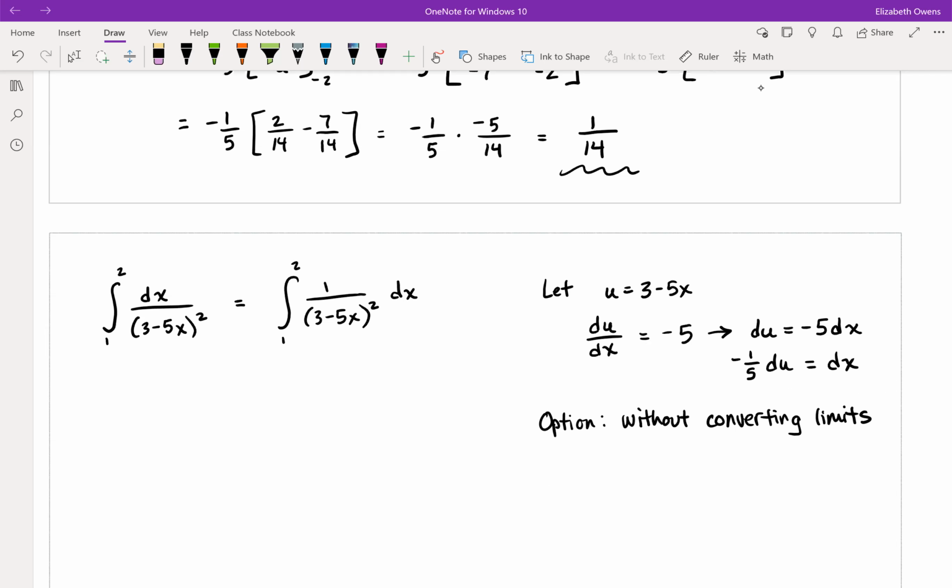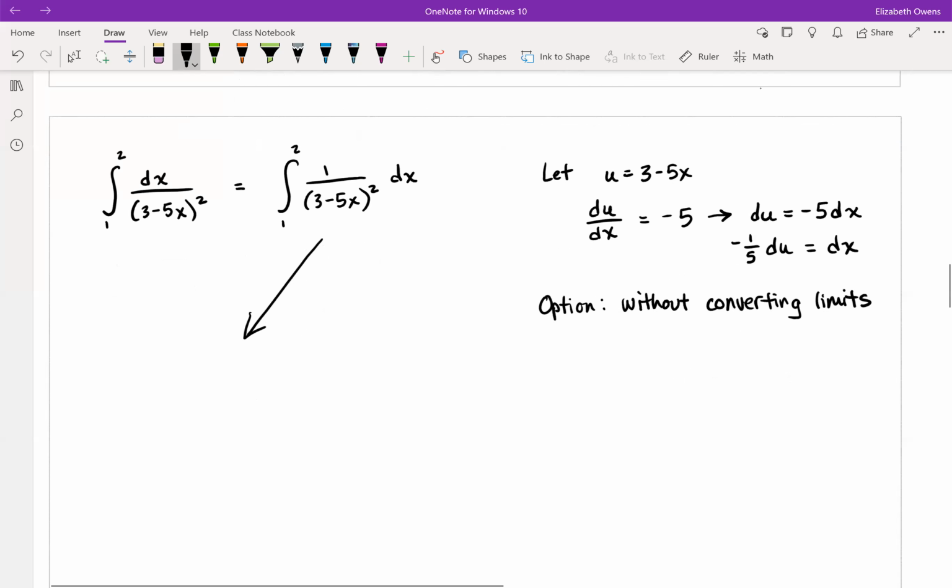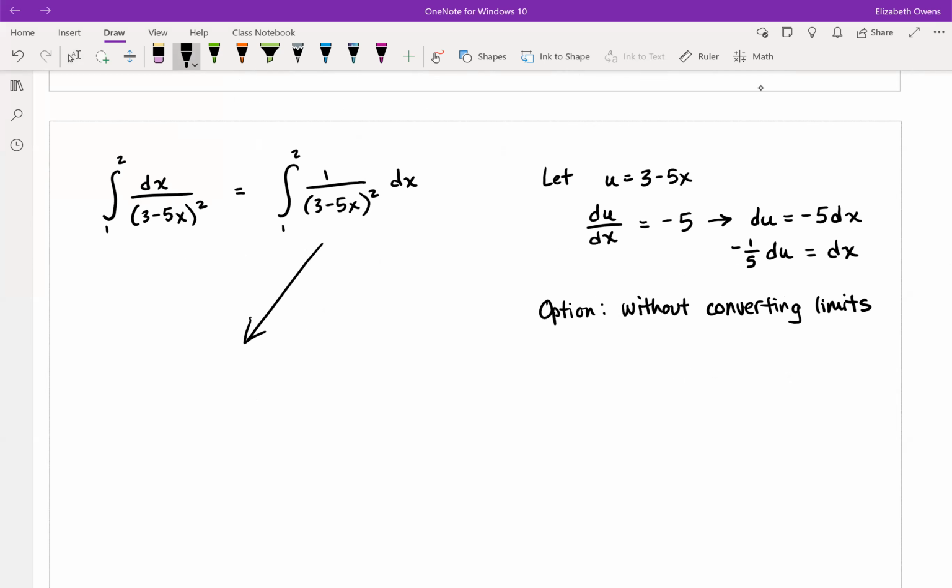I'll see that you're not converting the limits. So we're going to convert this integral into terms of u, and it would go very much the same as before. 1/u² times -1/5 du.